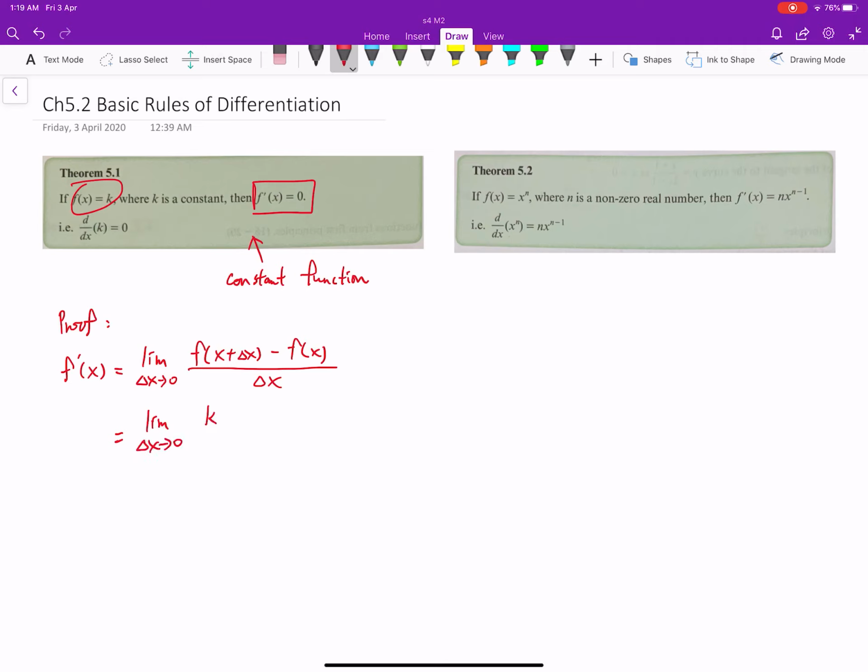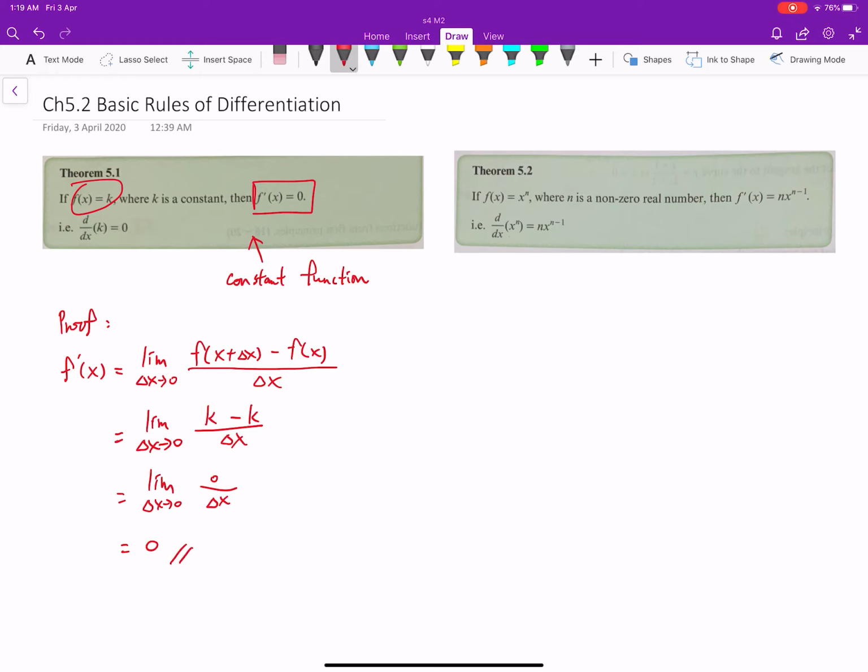So this is k, and naturally this is also k. So the numerator is 0 and the denominator tends to 0 but is not 0. So we will get 0. Okay, so we got the proof.